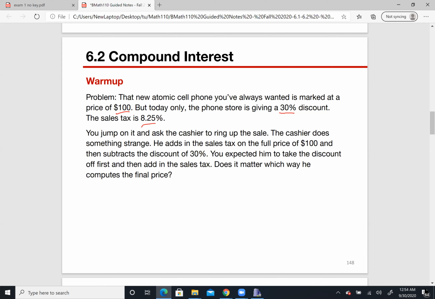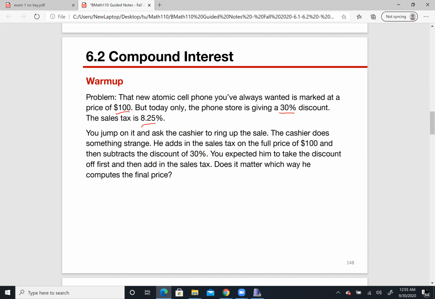The cashier does something strange. He adds in the sales tax on the full price of $100 and then subtracts the discount of 30%. You expect him to take the discount off first and then add the sales tax, right?